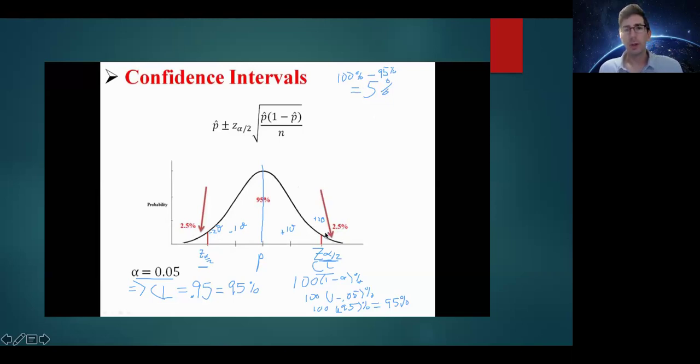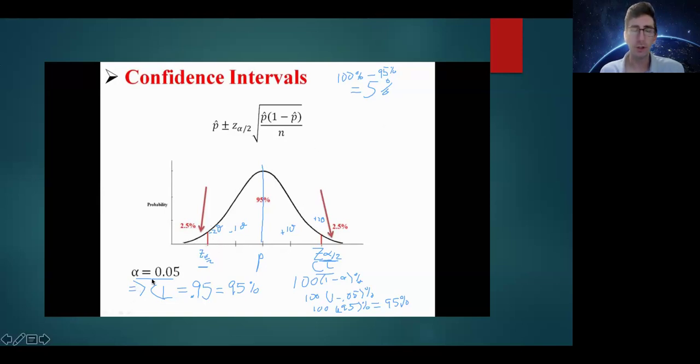So it would be rare, but it's possible the true answer could fall outside of the confidence level we're setting for ourselves because we truly don't know where the population proportion is, right? But we can use these principles, I don't want to say assume, but we can use these principles, right, to say we're 95% confident that it truly is in between these values.